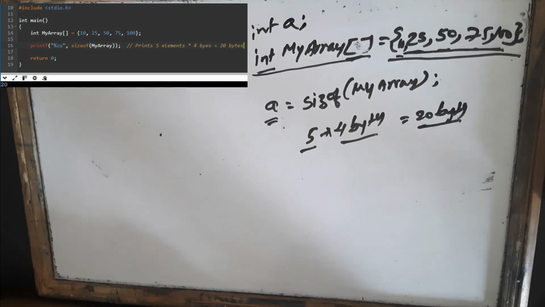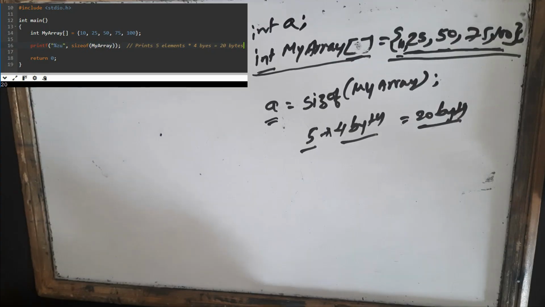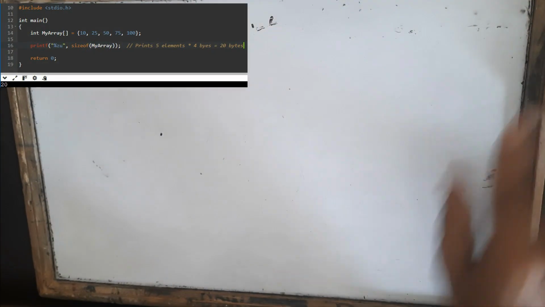You can observe in the example that 20 is printed, and you can also see the format specifier is %zu, which can be used for sizeof, and the output is 20 bytes. Okay, so next example.